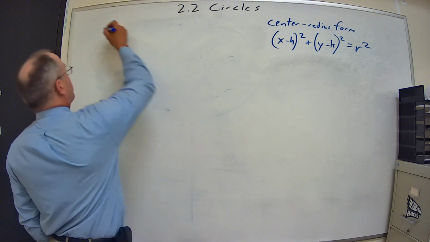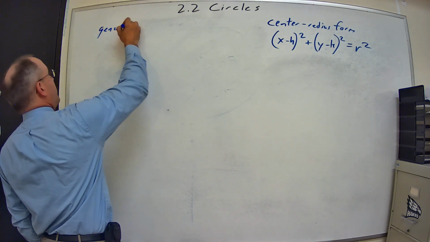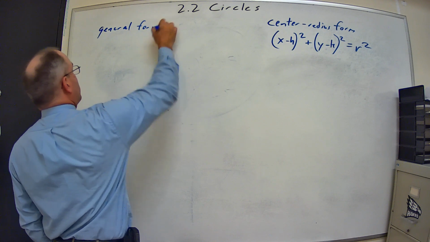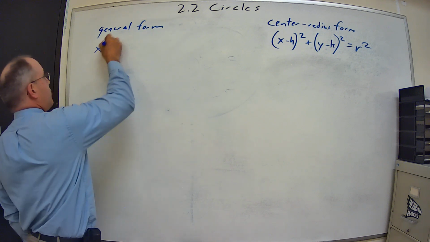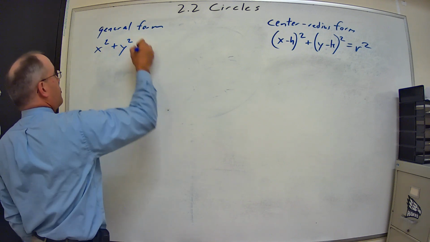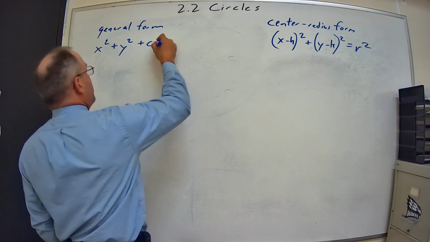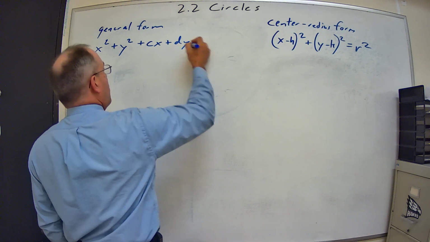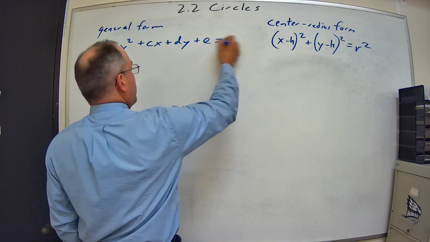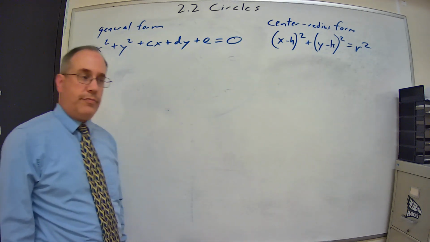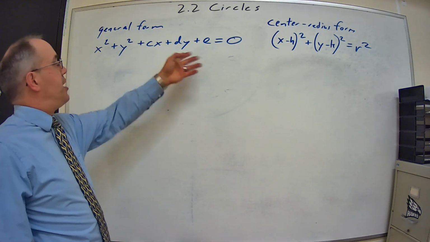And that is, so I'm going to put that as general form over here: x squared plus y squared plus cx plus dy plus e is equal to 0. So that is a general form.